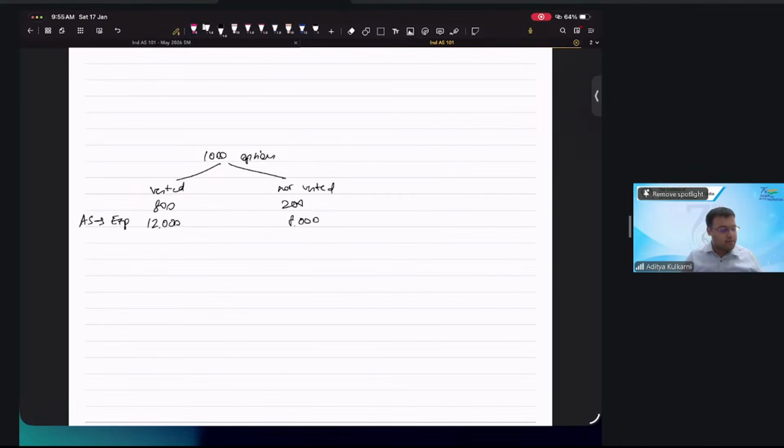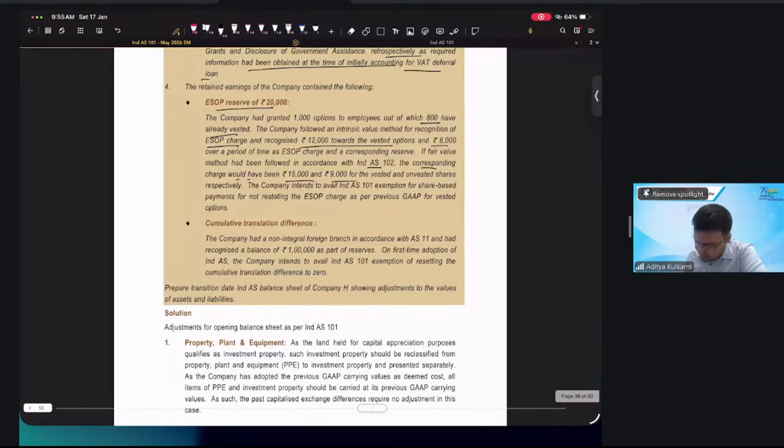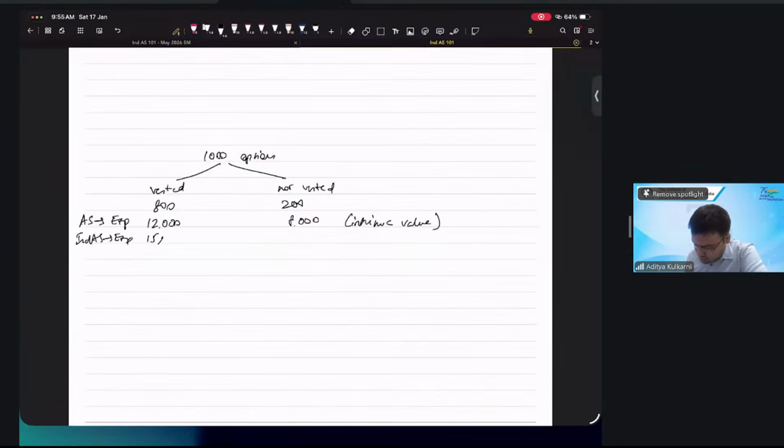Are we okay with this? Yes. This is based on intrinsic value. Ind AS, what is this value? It is 15,000 and 9,000. This is based on fair value.